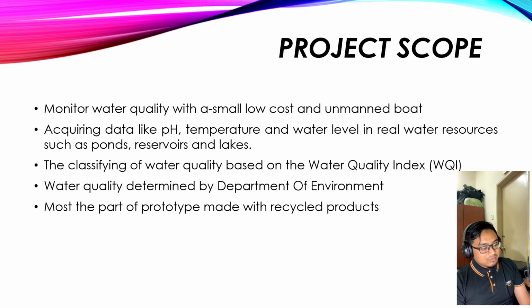The classification of the data that we take from these places will be based on the water quality index (WQI). The water quality is determined by the Department of Environment, which refers to the water quality index. Furthermore, most of the parts that we made, which is the prototype, are made from recycled products.